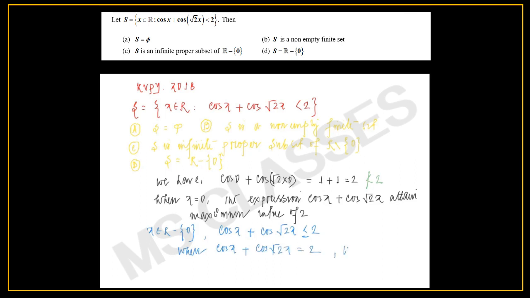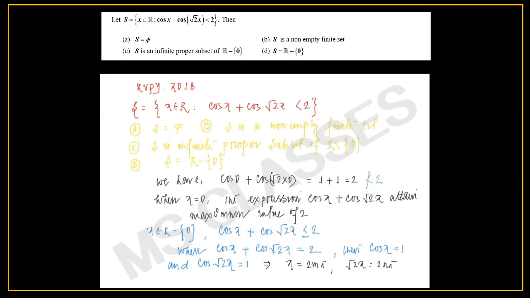Then cos x is 1 and cos root 2x equals 1. Now, what does this mean? cos x equal to 1 means x equals 2m pi, and root 2x equals 1 means root 2x equals 2n pi.